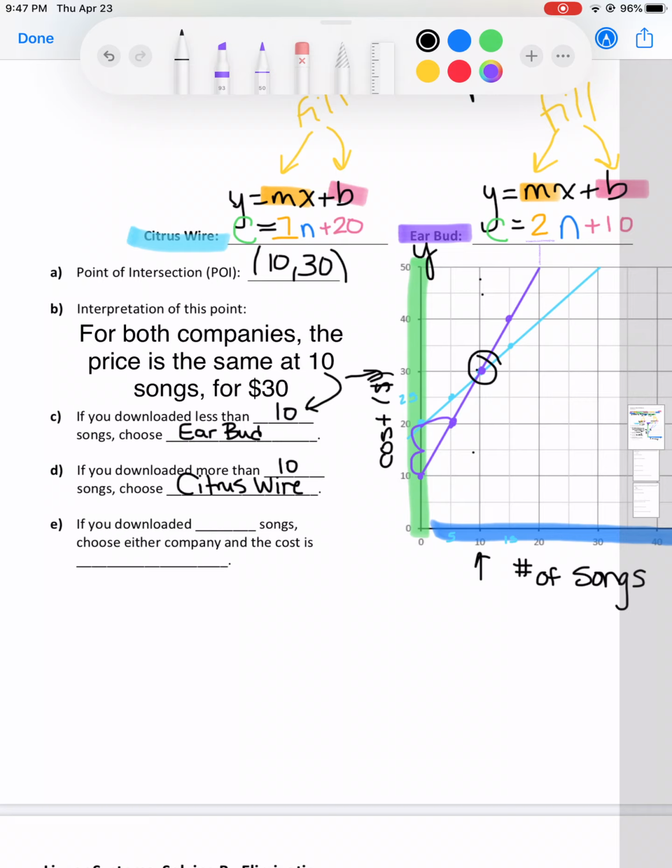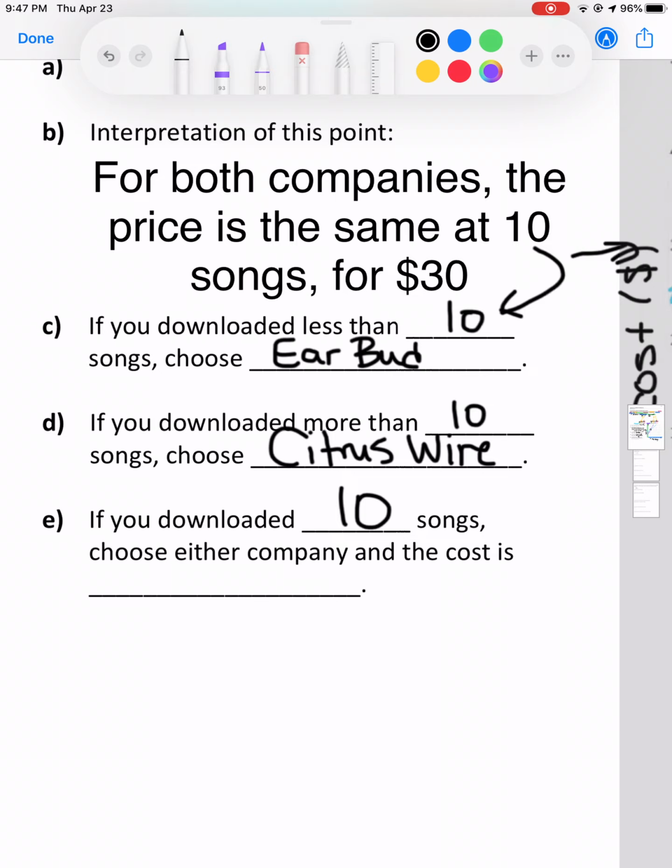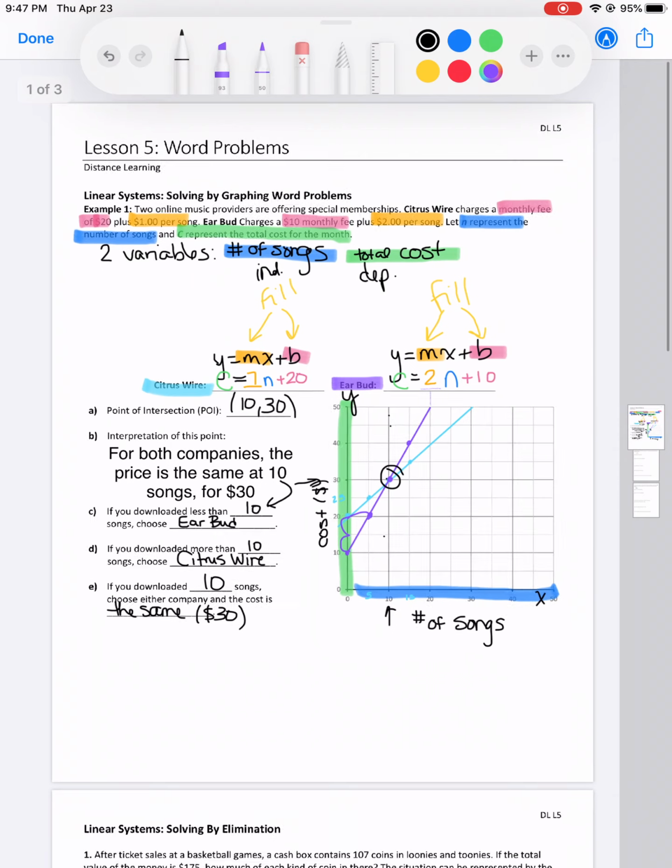So if you downloaded 10 songs exactly, choose either company and the cost is the same of $30. Okay? So we're just comparing the two.